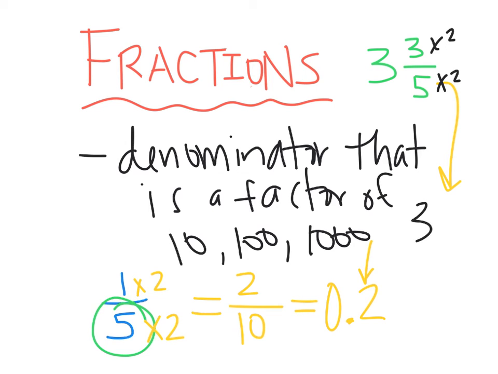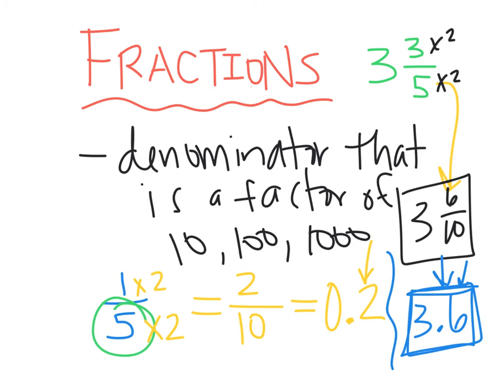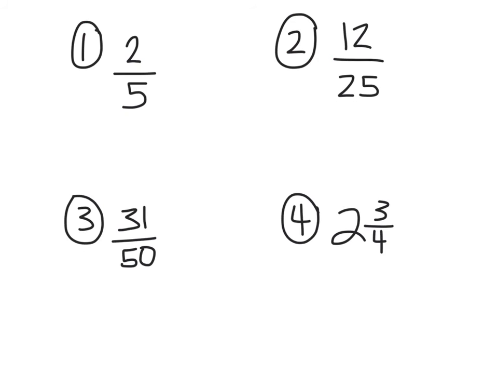This would become 3 6/10. Once again, if I can say it, then I should be able to write it. The 3 would be out in front because we have a mixed number, so we're going to have a mixed decimal. 3 6/10, that 6 would go right in the tenths place, so your final answer would then be 3.6.